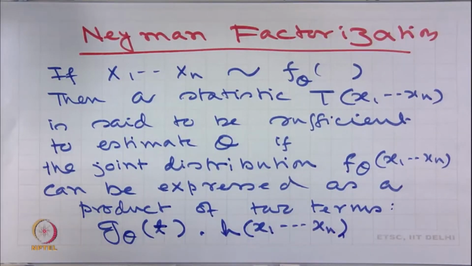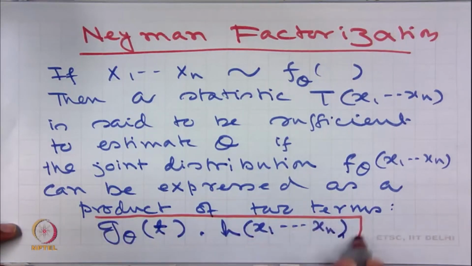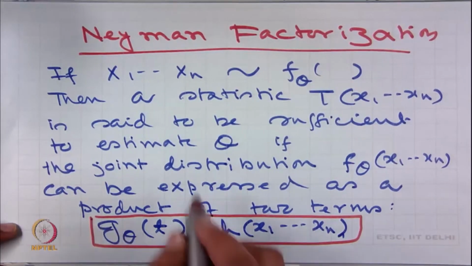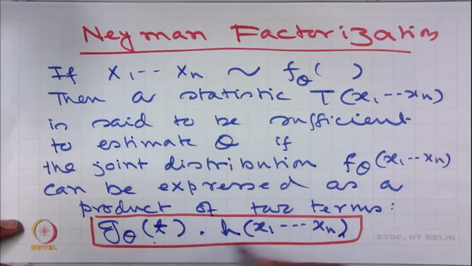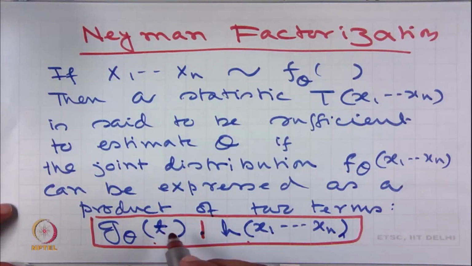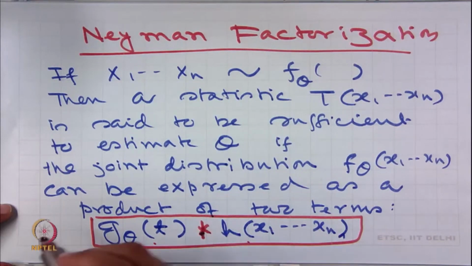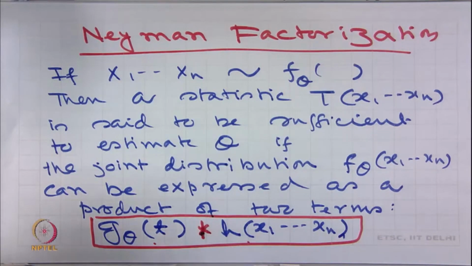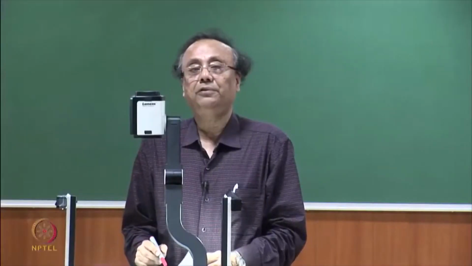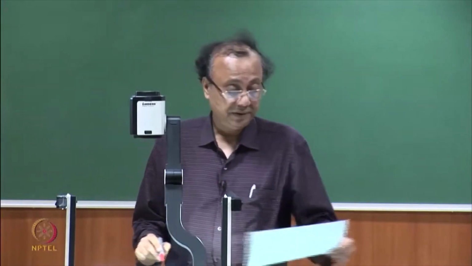Or in other words, let us look at these two terms. The joint distribution can be written as a product of two terms. The first term is involving the statistic t, and also it is involving the parameter theta. The product term h of x1, x2, xn is a function of the sample values, but it does not involve theta.